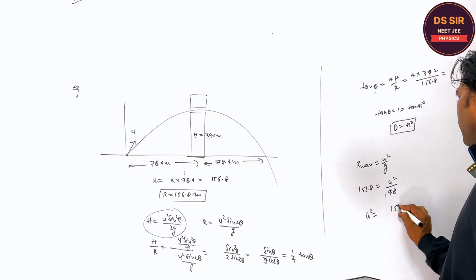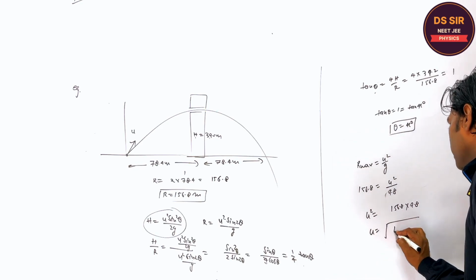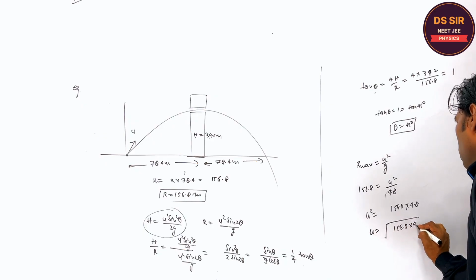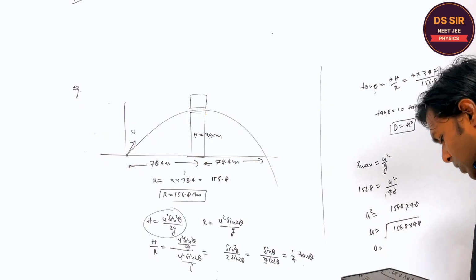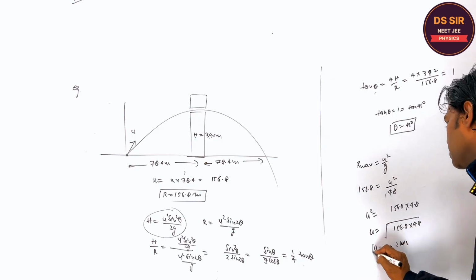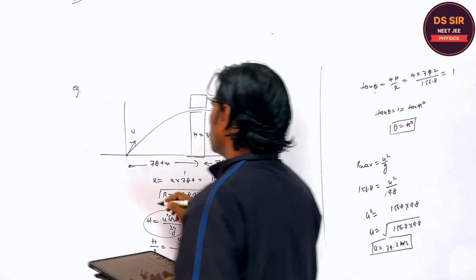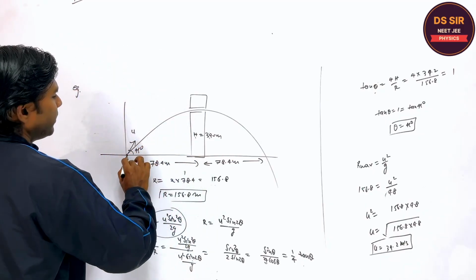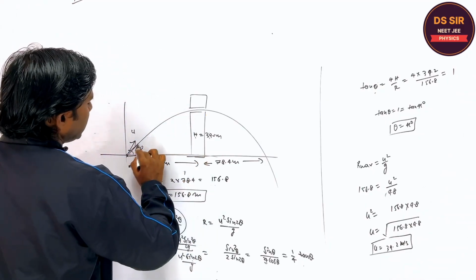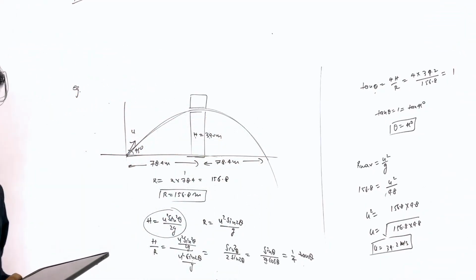So it is 156.8 into 9.8. When you calculate, the speed is 39.2 meter per second. So this is the speed by which the body should be thrown at angle 45 degree, so that it can follow this path. Are you getting? Copy this.